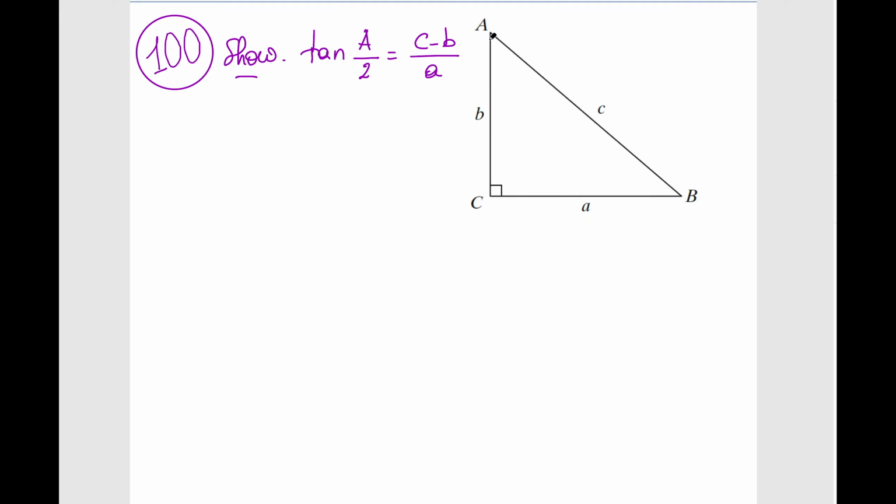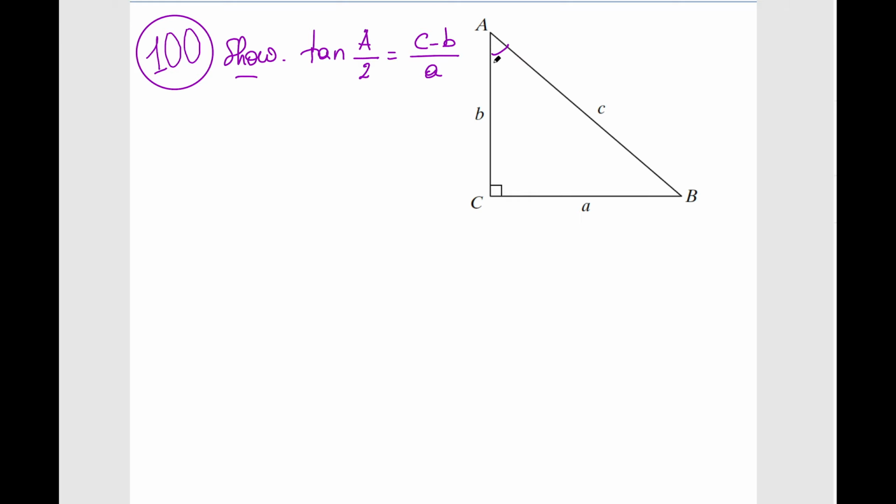Keep in mind that this is the angle A, and C is the 90 degree angle and B is this angle. Okay, so in number 100, we care about A, so we don't care about the angle B now. All right, so how can we get our hands on tangent of A over 2? Well, first of all, we don't have A over 2, we have angle A, right?